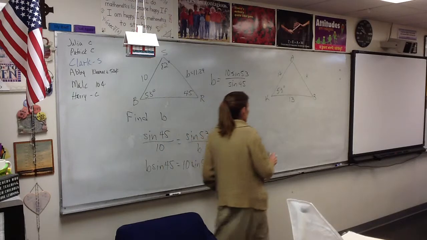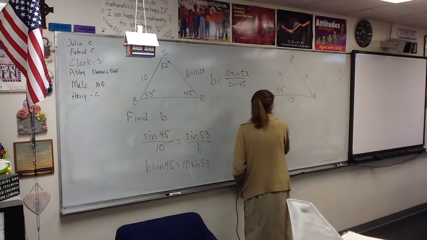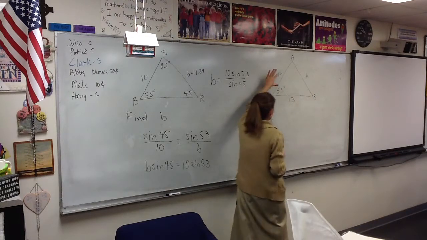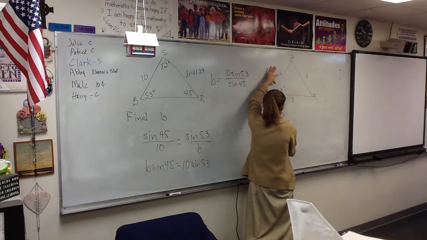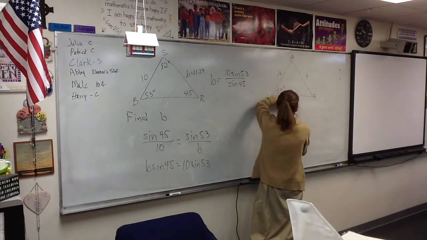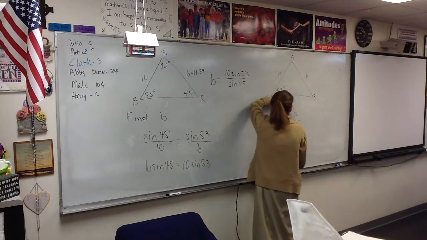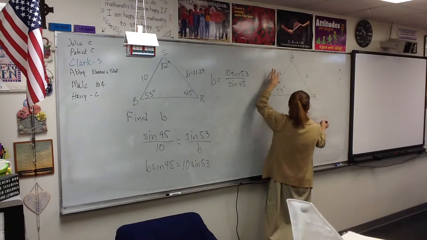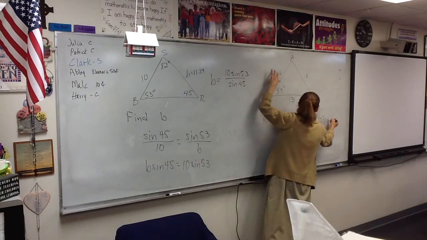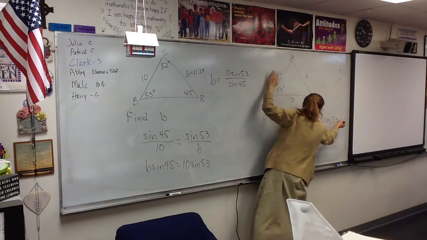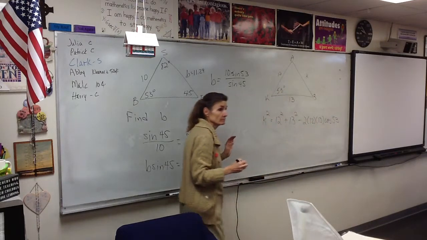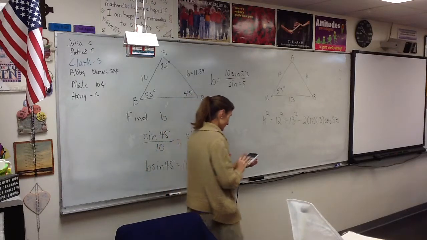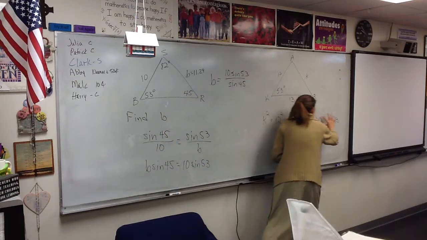So I will say K squared equals what? 12 squared, good. Plus 13 squared, good. Minus 2 times 12 times 13 times cosine 53. I can type this in just like it is.